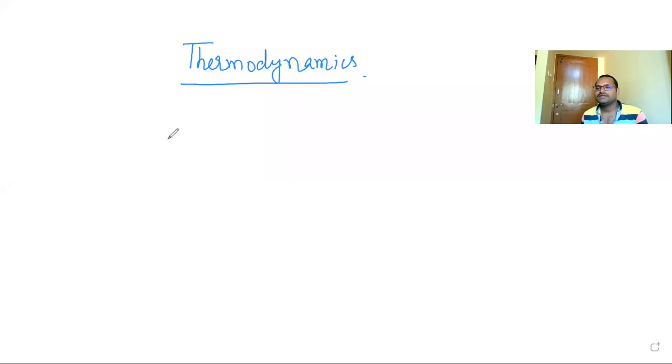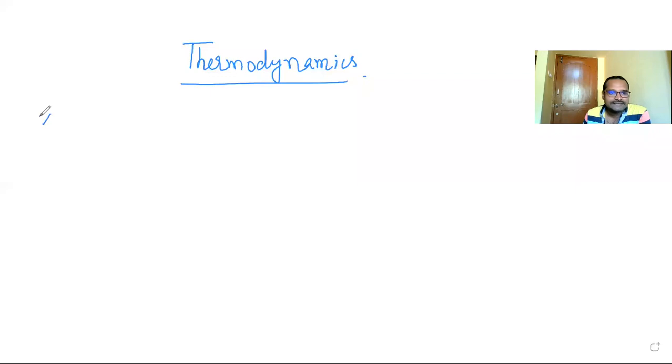We discussed some basic definitions: what is a system, what is surroundings, what are thermodynamic variables, what are the different types of thermodynamic systems, and what are the different types of thermodynamic processes, like isothermal process, isobaric process, isochoric process, adiabatic process, cyclic process, quasi-static process. Some six processes we have discussed. And after that, we discussed the indicator diagram.